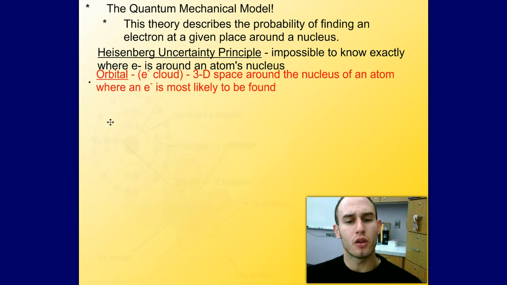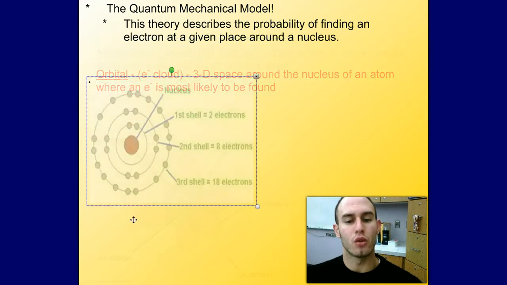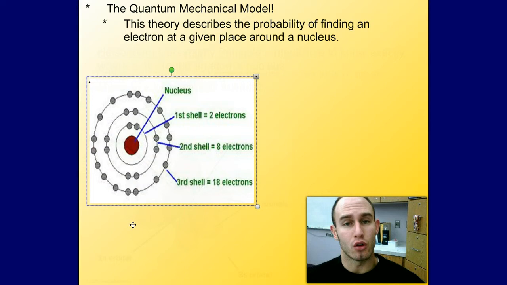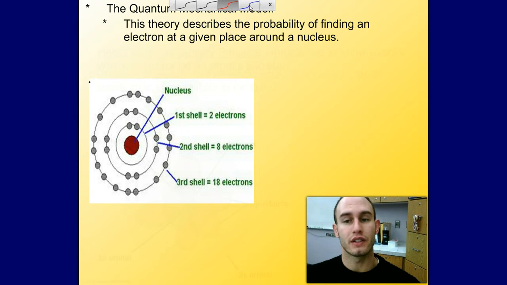I'd like to take a brief moment and compare these orbitals of the quantum mechanical model to the Bohr model that we are a little familiar with. This is the Bohr model of the atom, where electrons are on set paths around the nucleus, and they cannot vary from those paths.